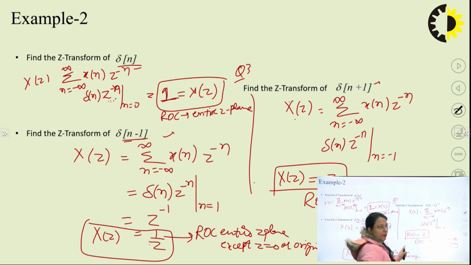So are you getting my point? This is how we can determine the ROC and find the value of the Z transform. We simply put the values in the formula and find X(z), and the ROC can be defined simply by looking at the value of X(z).